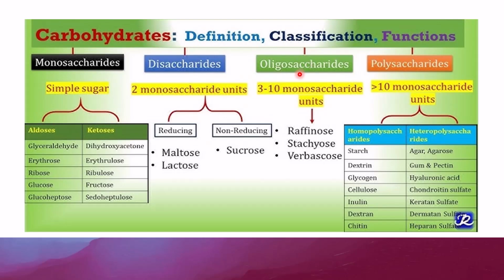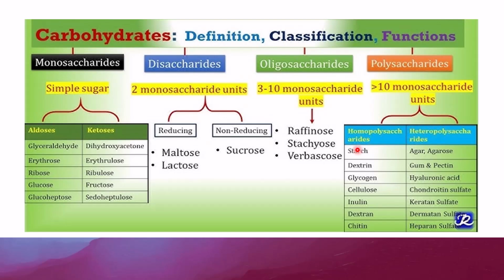Oligosaccharides are made up of 3 to 10 monosaccharide units, and we have raffinose, we also have stachyose, and we also have verbascose as examples of oligosaccharides. Polysaccharides are made up of more than 10 monosaccharide units, and we have homopolysaccharides and heteropolysaccharides.